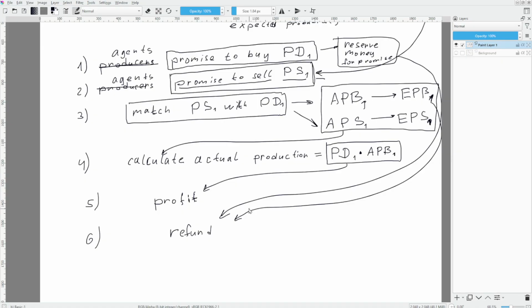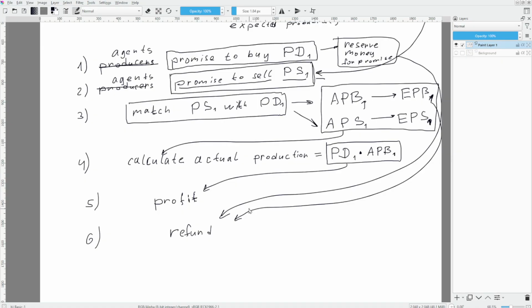But there is still a certain amount of demand, because we have promised that we will buy something, and the merchants will see that local supply is 0, local demand is 10, and they will raise the prices to invite more production, and so on.